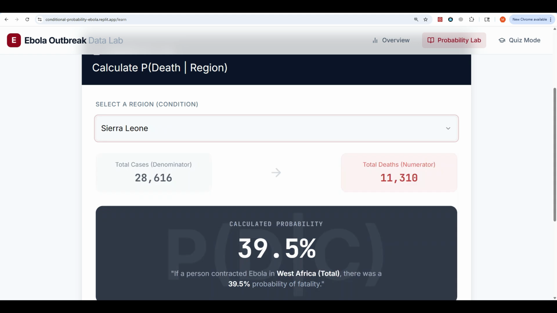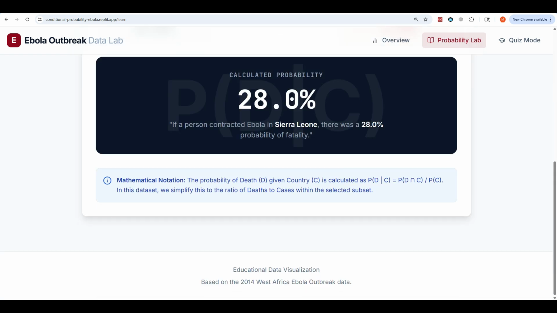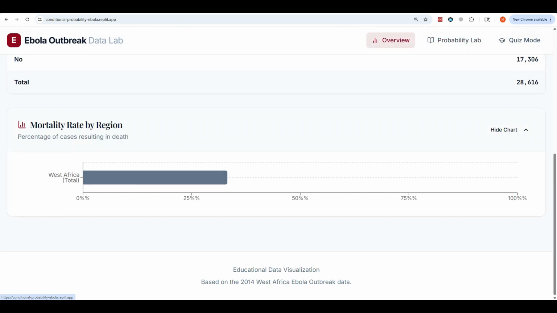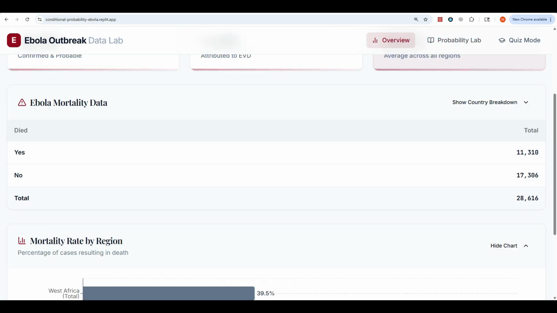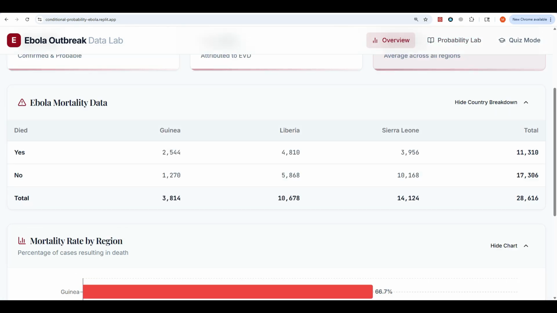Similarly, we can get that quantity and then we can say, let's divide that by the probability of being in Sierra Leone. And so we'll come back to this table: what's the probability that a case is in Sierra Leone? And students will correctly say, hey, well, that's 14,124 divided by all of the cases, 28,616.